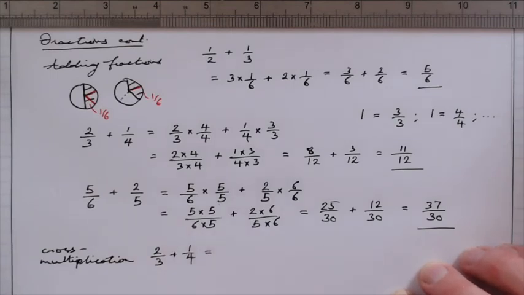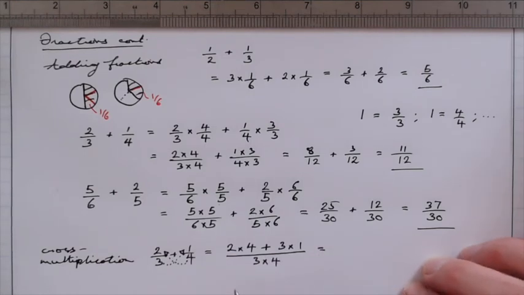So here, the idea is to take this number upstairs to here, and I'm going to write 2 times 4. I'm going to write plus, and then I'm going to take this number up to here and write 3 times 1, and put the whole thing over 3 times 4.